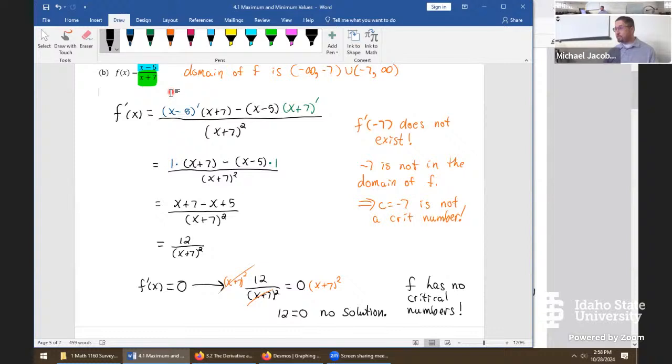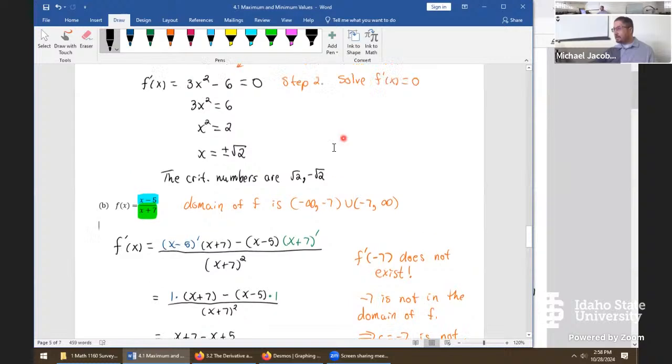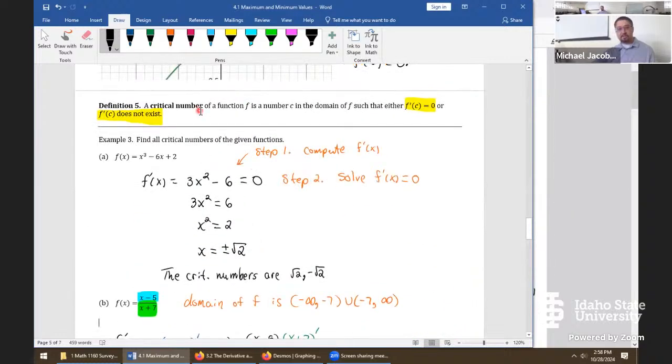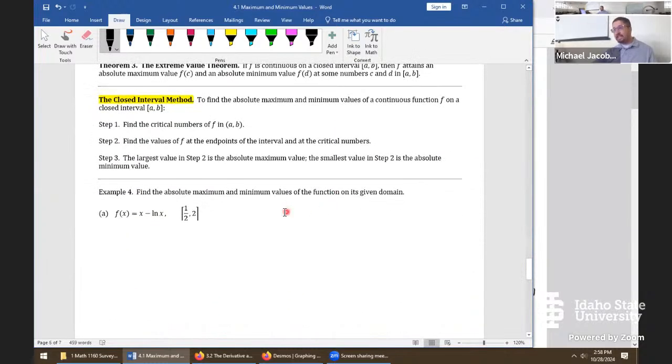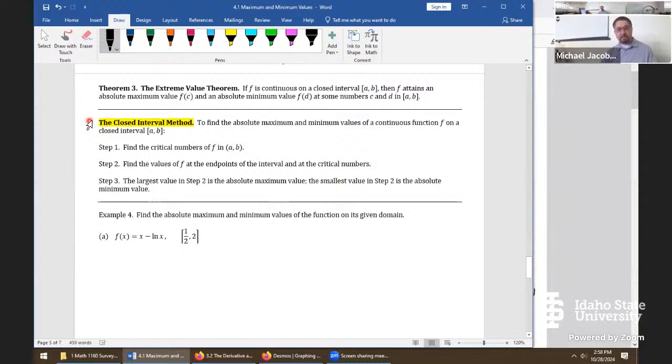Okay, as far as the homework goes on the WebAssign, there's a little bit of problems looking at graphs like we did at the start of the notes, but not too heavy in this direction. The bigger takeaway on these notes, I would say, is knowing how to compute these critical numbers and knowing the role they play. That way, once we go to this topic, this is the even bigger takeaway, the closed interval method.